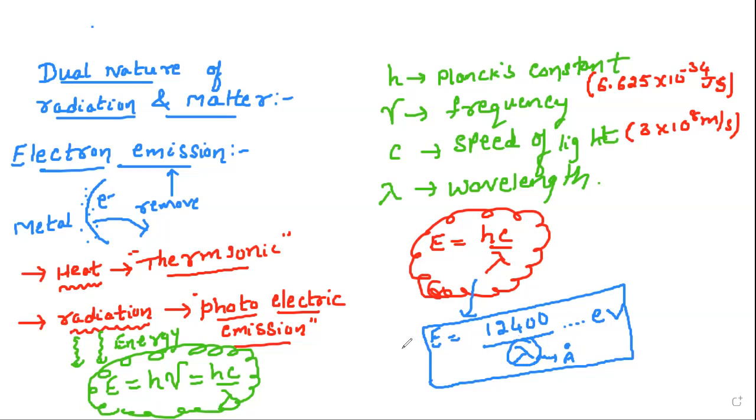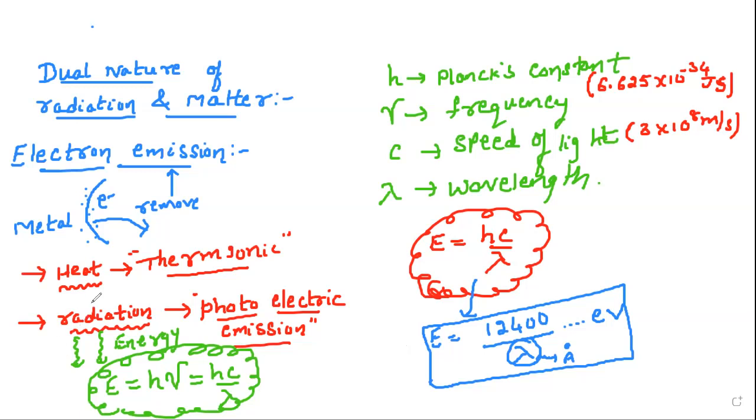Because you know the values of h and c, after substituting them and simplifying, you will get that particular format: 12400 divided by lambda. Don't substitute it in nanometer. You have to substitute lambda in angstrom only. Then whatever value you get should be in electron volt. So this is the energy formula for a given radiation. Please remember.